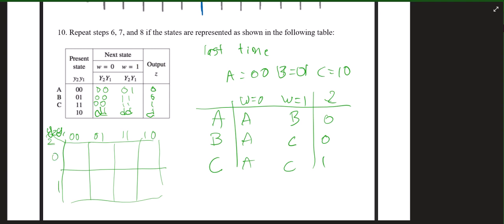Okay, so now let's derive an expression for Y1. Remember, we're looking just at the second column. And this is supposed to be W. When we have 1, 0, we have don't cares.